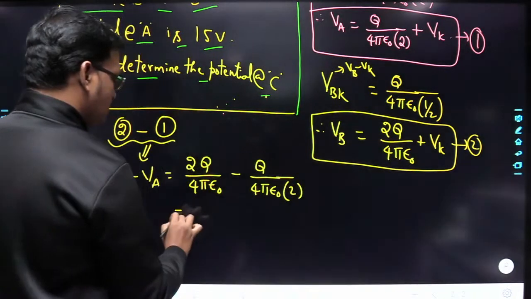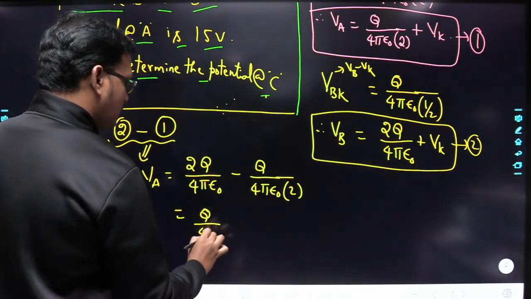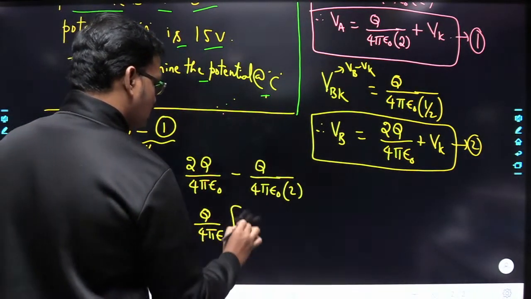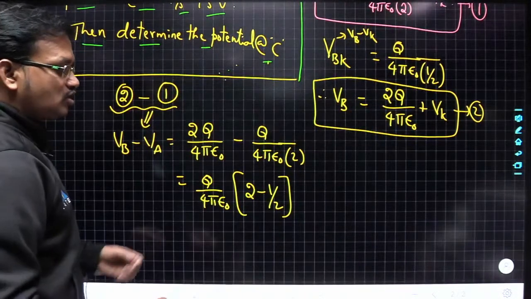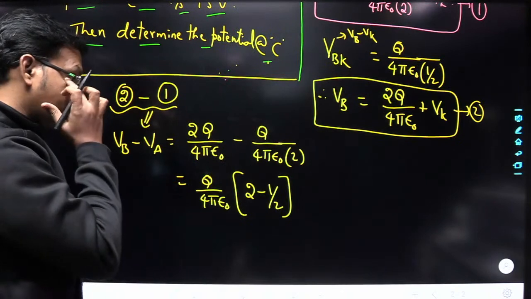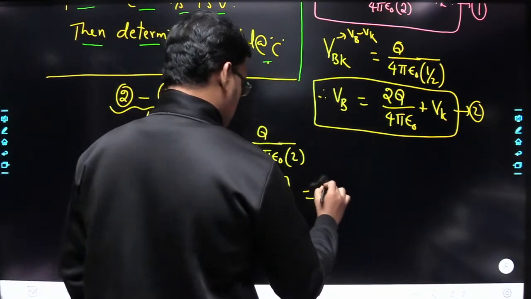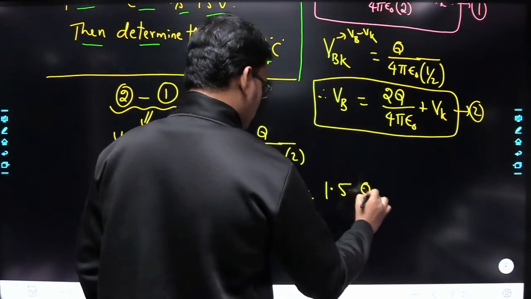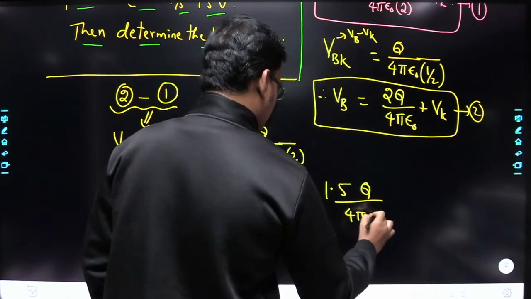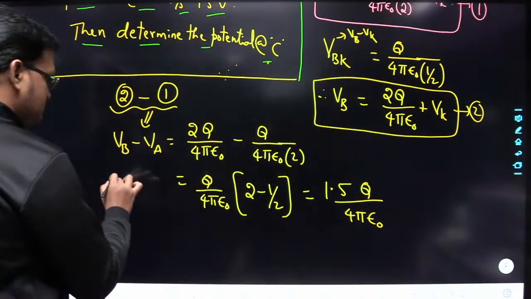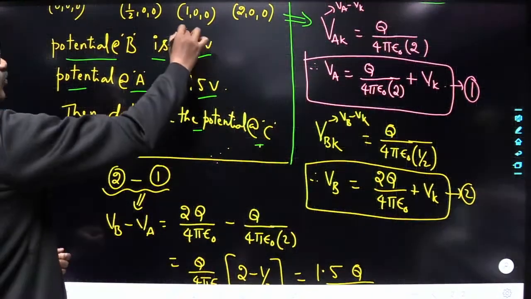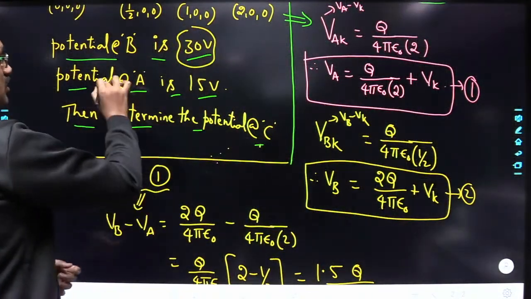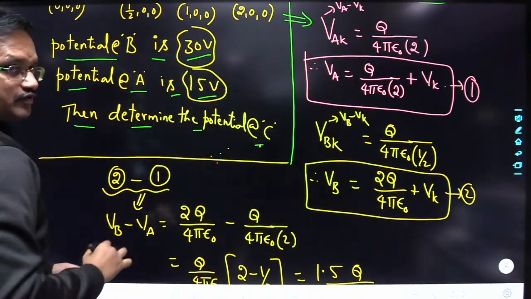From here you can take Q by 4 pi epsilon naught common, then what you are going to get? 2 minus 1 by 2. So 2 minus 1 by 2 is how much here? 4 minus 1, that is 3 by 2, that is 1.5. Yes or no? So you will get 1.5 into Q divided by 4 pi epsilon naught, and that is nothing but VB minus VA. They have given the potential at B is 30 volts and the potential at A is 15 volts.